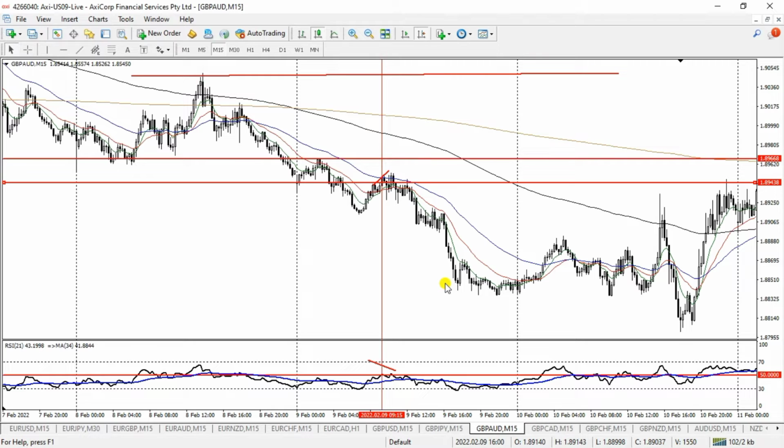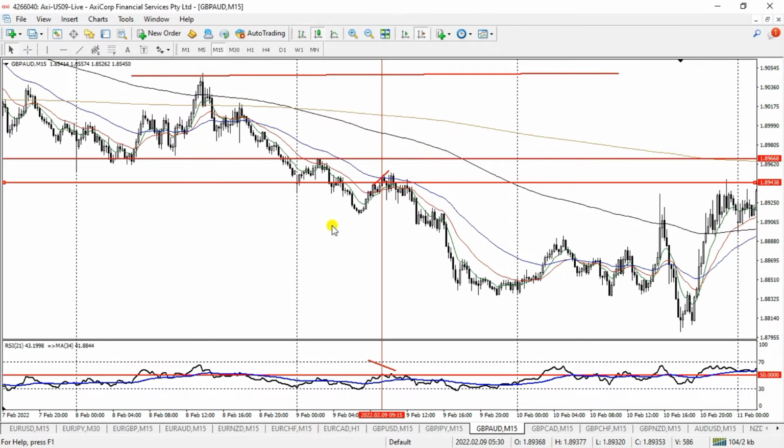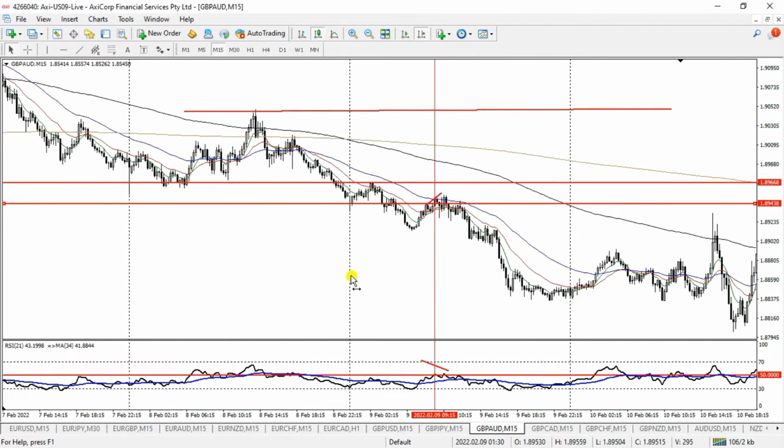You can calculate it using price movement for 20 days, 10 days, 7 days, but I use an indicator in the TradingView app known as the ASFX ADR indicator, and that helps me calculate my ADR and pinpoint where ADR is at that point in time. At the point of this entry, price had not maxed out ADR, so it was still a valid opportunity, which adds another layer to the probability of the setup.